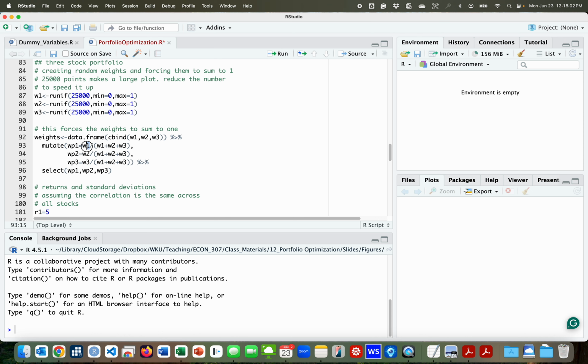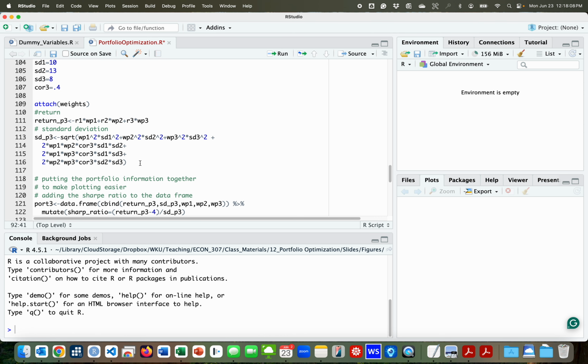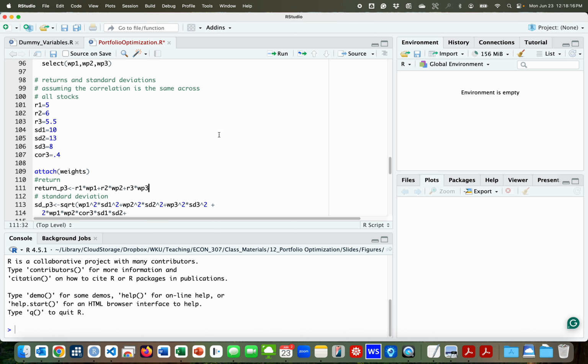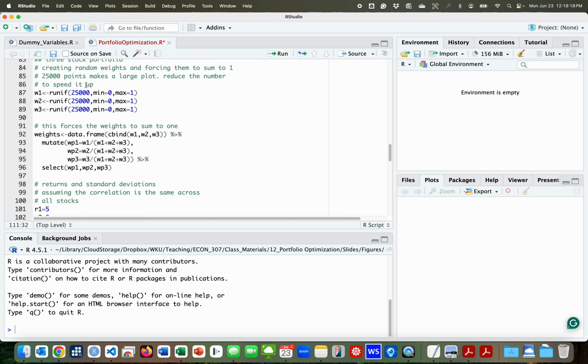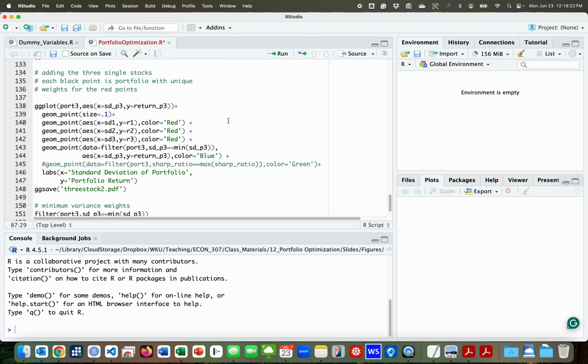So if you take the weight and divide by the sum of the weights for all three, your weights will add up to 1. For each one of those 25,000 combinations, I'm just finding the standard deviation of the portfolio. But I'm doing this 25,000 times, and I set that up here with this random number generator. So relatively straightforward, and then I'm just plotting this.